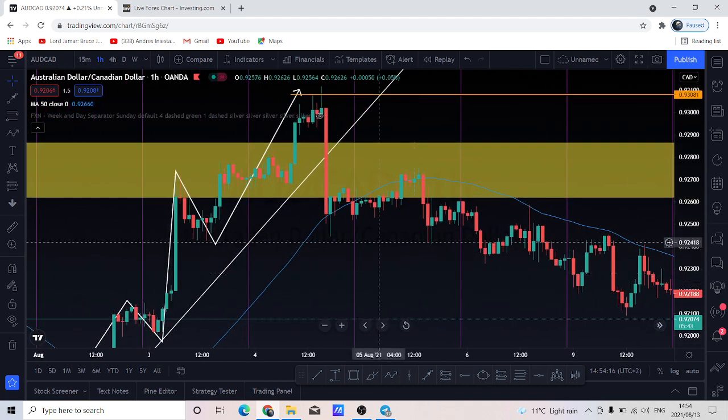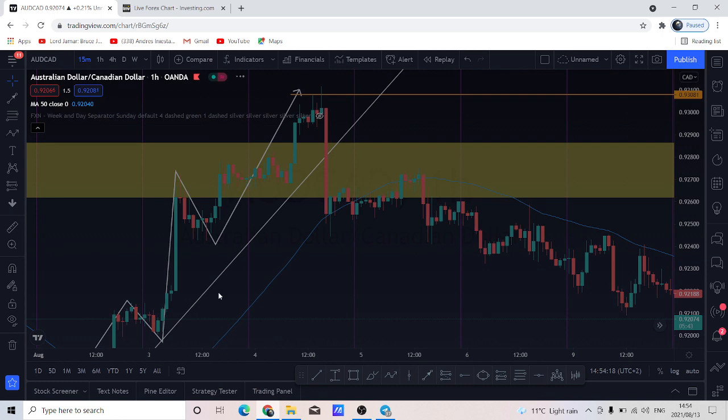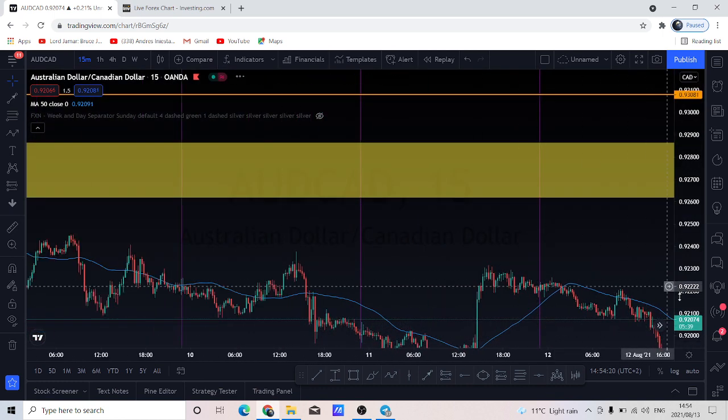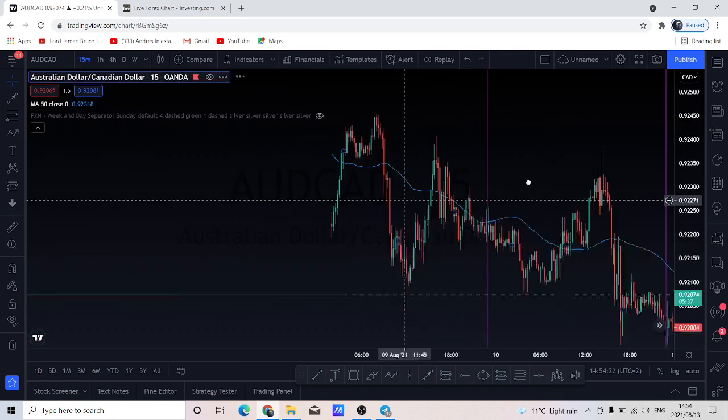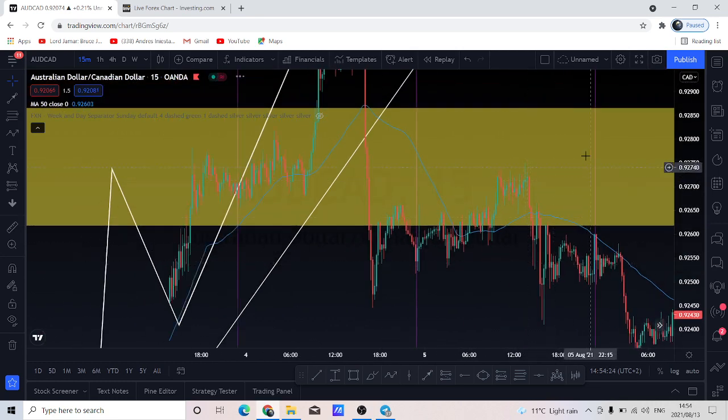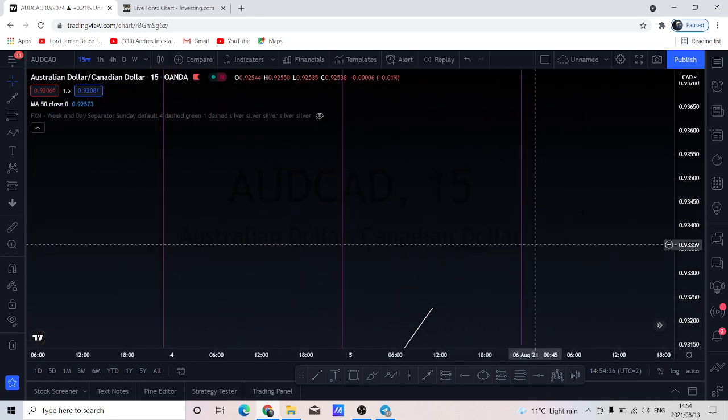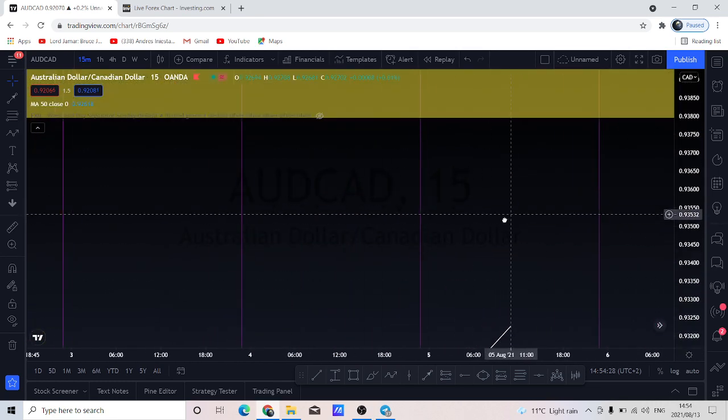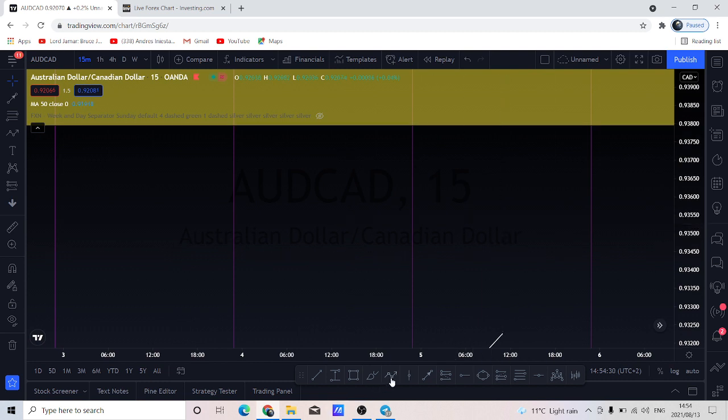Now after knowing that, you need to come to the M15, because that's when you must spot the highs and lows of the day. So let me just explain what is the high of the day or the low of the day. A perfect high of the day or perfect low of the day is supposed to be like this.